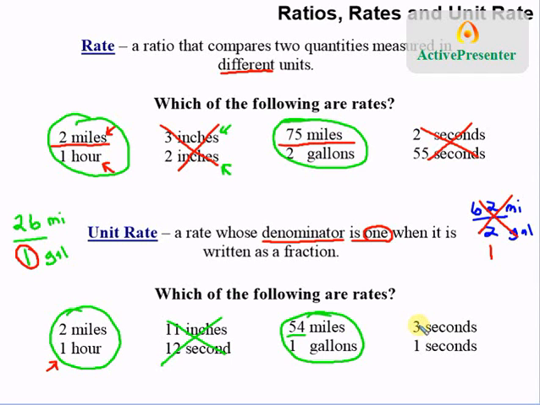Does it have two different quantities measured in different units? We have seconds, which is one kind of unit, and then we have seconds, which is the same kind of unit. This isn't a rate, so it can't be a unit rate. Even though my denominator is 1, it can't be a unit rate because it's not a rate at all. So this one is not a rate.